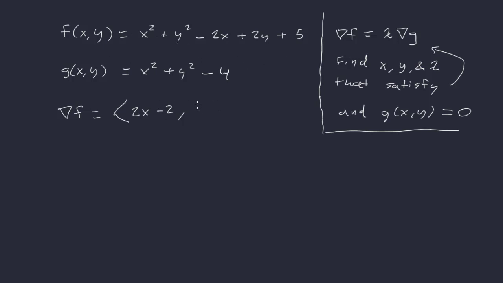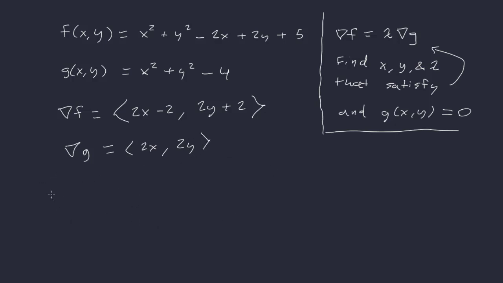And then in the y component, we're going to put the y partial derivative, so that will be 2y plus 2. Now for g of xy, to find its gradient of g, once again, it will be 2x comma 2y.